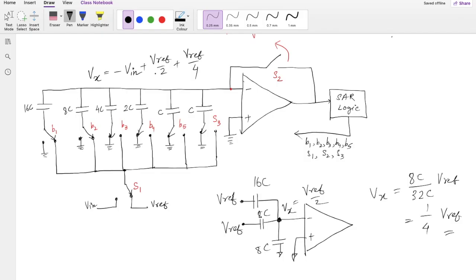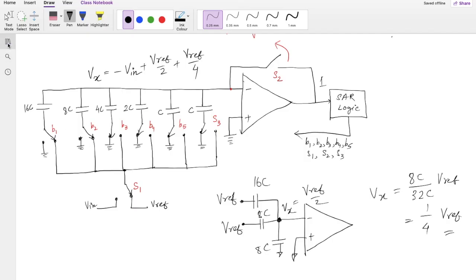So if you see here, we are getting the same kind of comparison. Initially we compared with Vref by 2, now we are comparing with Vref by 2 plus Vref by 4. Using the same logic, if this happens to be 1, that means Vin is greater than Vref by 2 plus Vref by 4, then this switch will be intact, else we are going to turn it back to the ground.